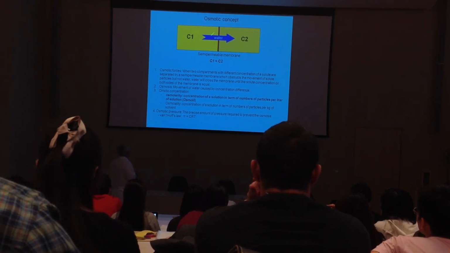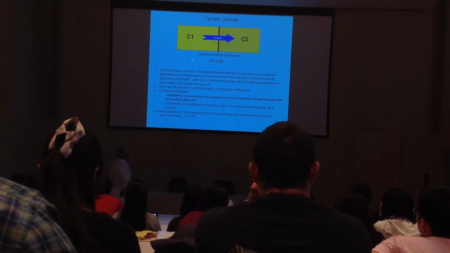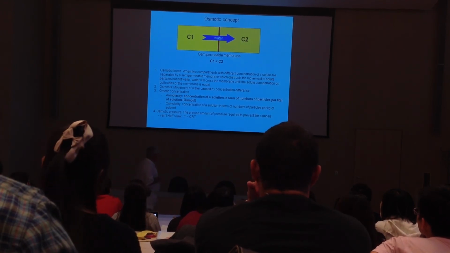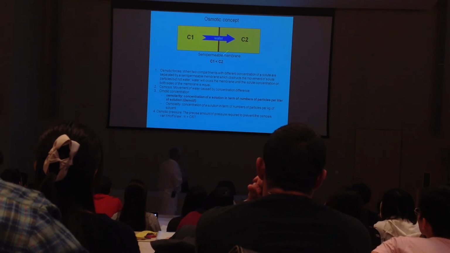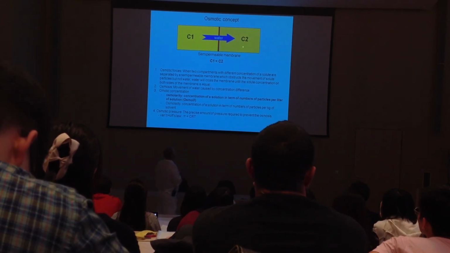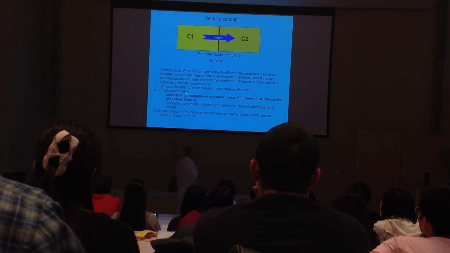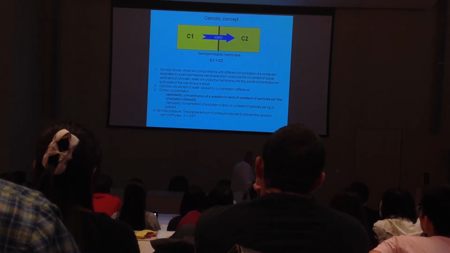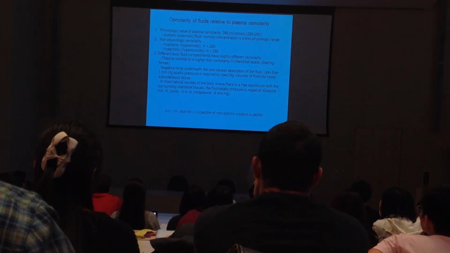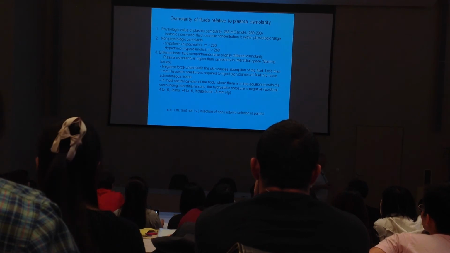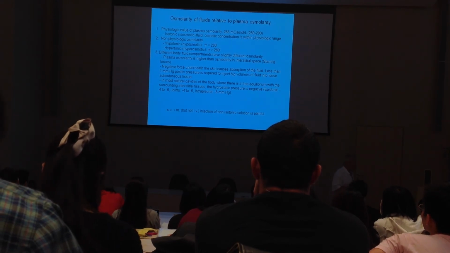So, osmolarity is the total number of dissolved particles in the solution, and if the solute cannot move, the water is going to move. Here are definitions. We measure the osmotic concentration, the total activity of particles in the solution.